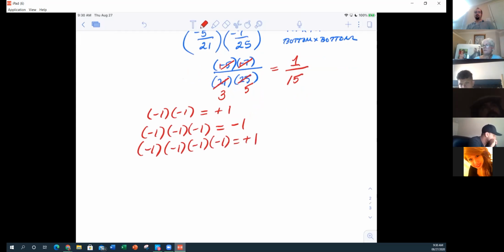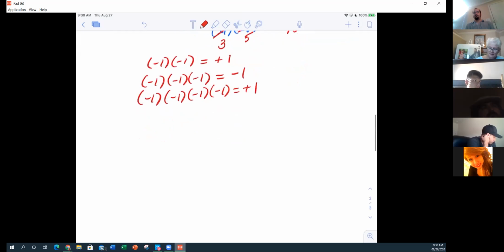So if you have an even number of negatives being multiplied together, you wind up with a positive, and if you have an odd number of negatives, you wind up with a negative. The same thing for division. If you have an even number of negatives, it's going to be positive, and if it's odd, it's going to be negative.